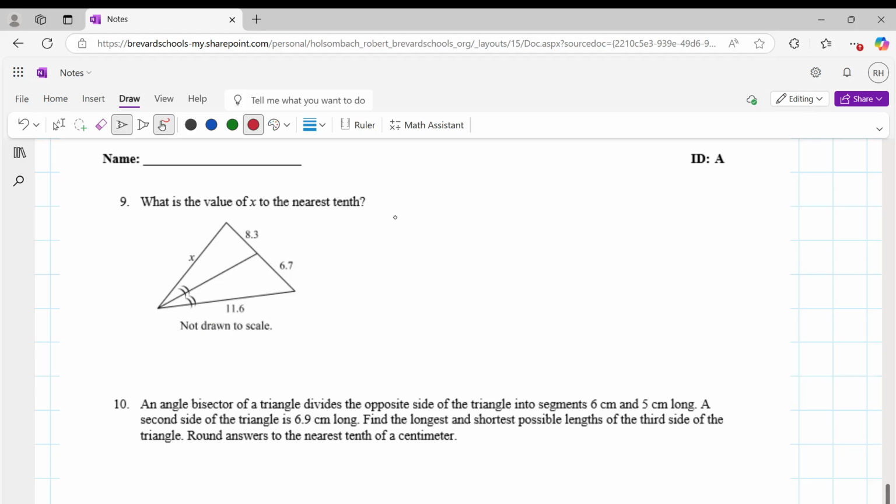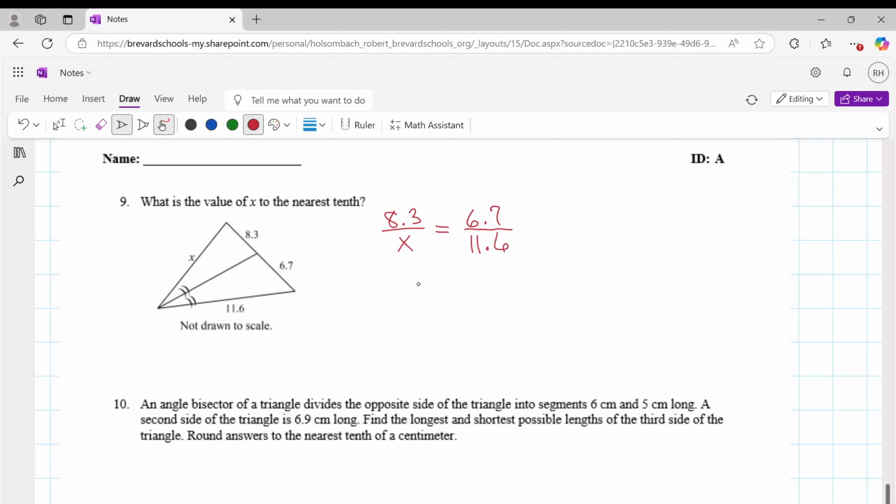So I'm going to take the 8.3 and put it over x. And if I put 8.3 over x, I'm going to set it equal to what goes in my numerator next? The 6.7. And what goes in the denominator? The 11.6. Very good.